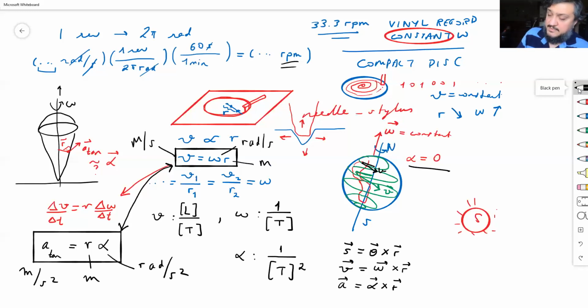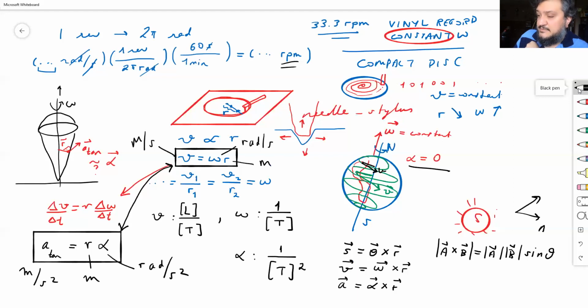And since the vector product has a magnitude, let's remember that for any vectors multiplied in this fashion, the magnitude of the vector product will be equal to the magnitude of A times the magnitude of B times the sine of the angle between the two vectors. That's the general relationship. In our case, these three vectors are perpendicular to each other, so the angle is 90 degrees.